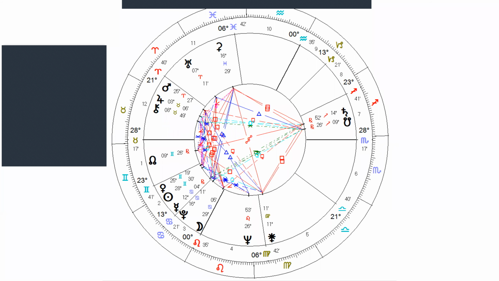Number one, the 7th house is also the house of other people, other cultures, whoever is different from me. So this is a person that may have also connected with people from other cultures. Someone maybe who married into another culture.